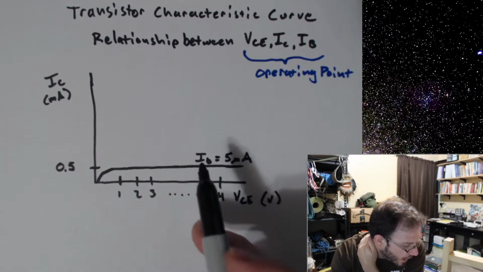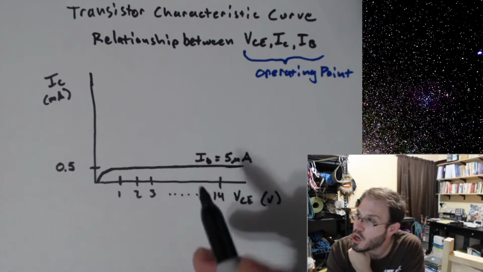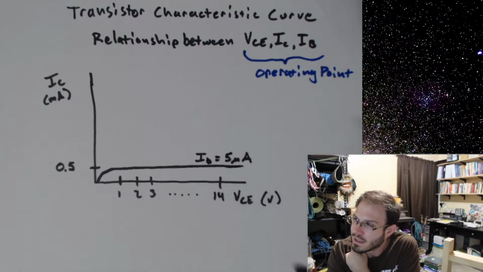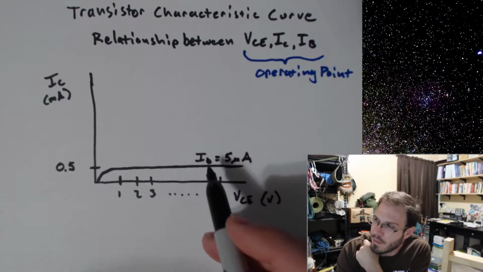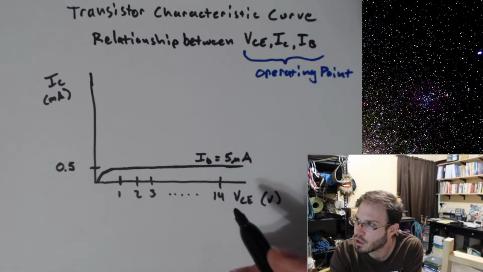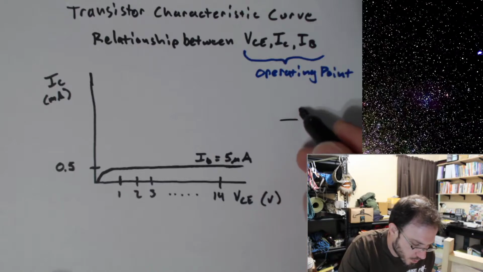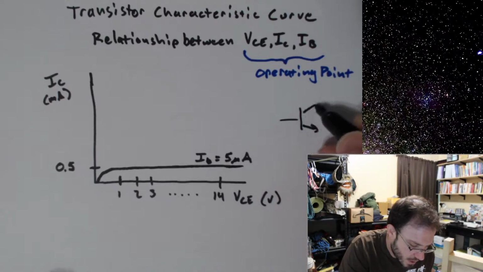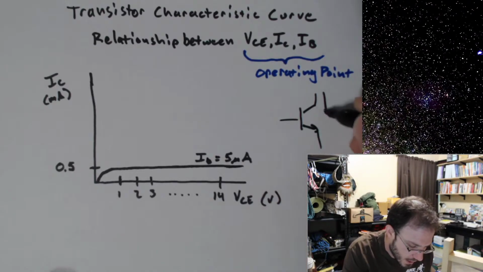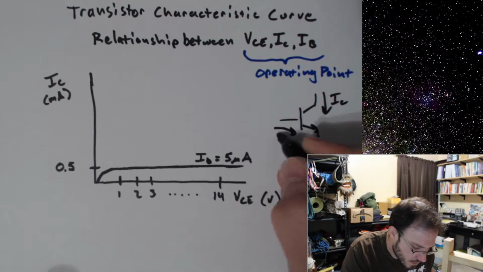If we increase the base current, we know that we should get more collector current, right? Think about your base current as controlling the amount of collector current that flows through your transistor. Let me draw up a transistor here; I think visually it helps to see this.